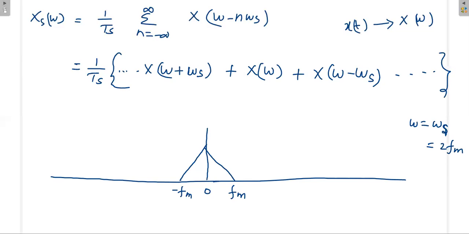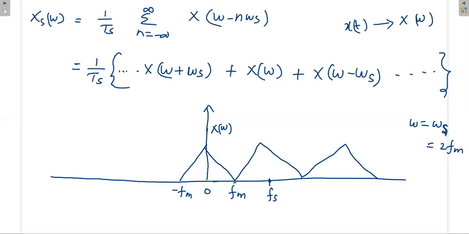This is your original X of omega. You have to shift this by the amount of 2fm. If this is fm, here you will be having 2fm. So again we'll be drawing like this. This is fs, but fs in this case is equal to 2fm.